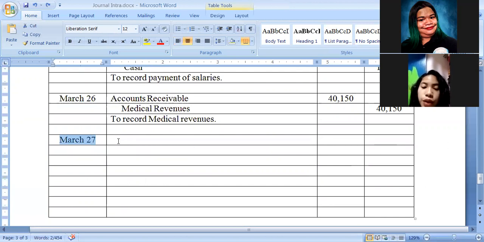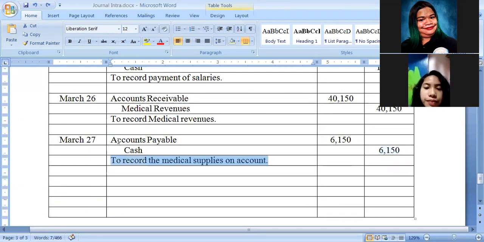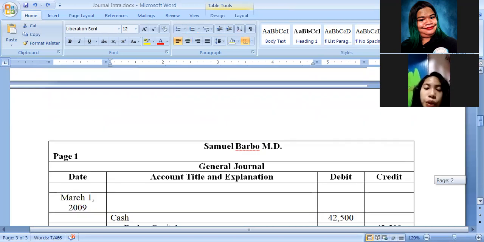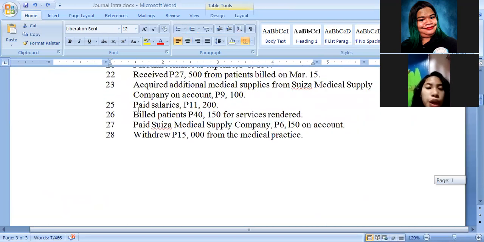Then ito ibutang atong debit, which is the accounts payable because it is the liability nga nagamit on the amount of 6,150. Then ato ang credit kay ang cash kay nakuha or decrease man ato ang asset, which is the cash and the same amount of 6,150. It is to record the medical supplies on account. And lastly, we're going to the March 28.